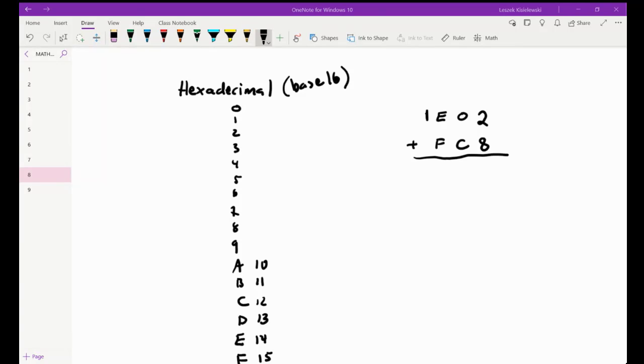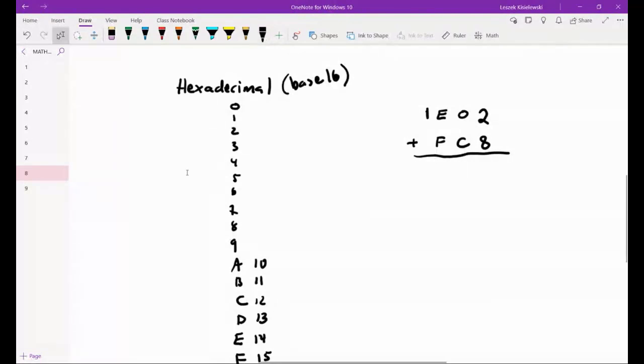Anybody care to venture an answer? Or are we all completely stumped here? Or is it just too easy to even mention? Okay, well, let's go over it.